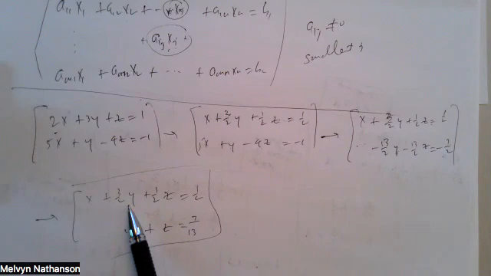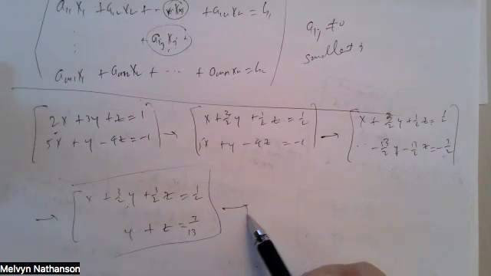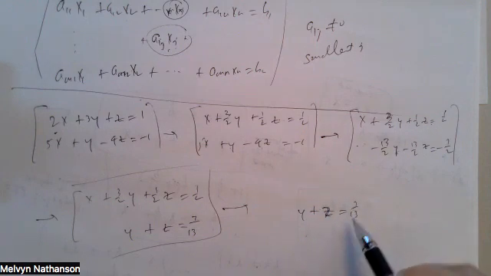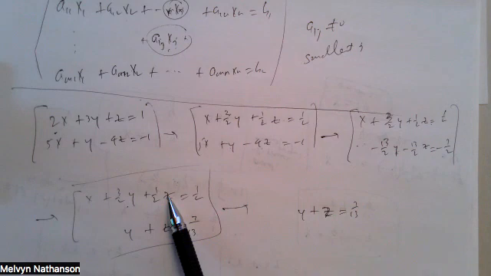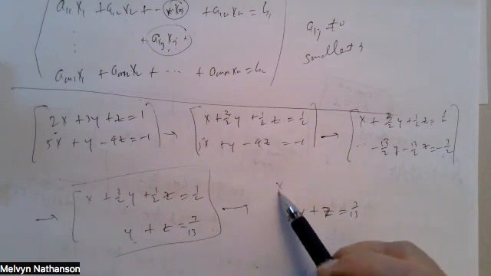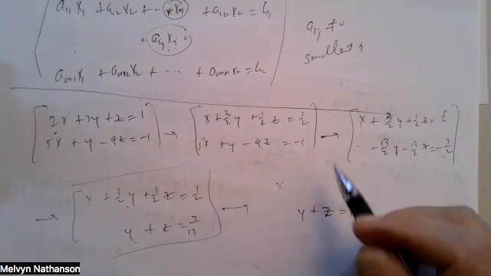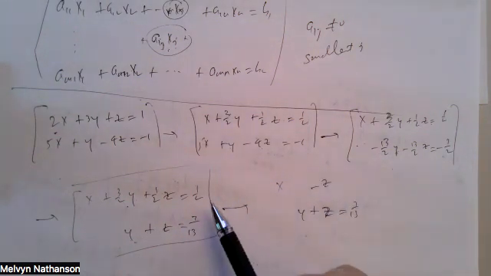And then I want to eliminate y from the first equation. So my second equation doesn't change. But I take the first equation minus 3 halves times the second equation. So x minus 0 is x. 3 halves minus 3 halves is 0. 1 half minus 3 halves is minus 1, so minus z.